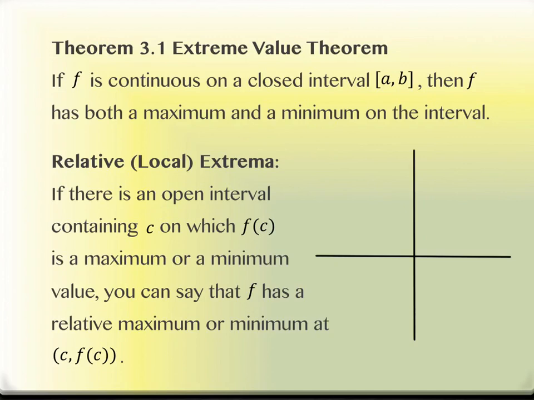So as we're taking a look at this picture, if I have an image sort of like this, this would be an example of a relative minimum, and this would be an example of a relative maximum.